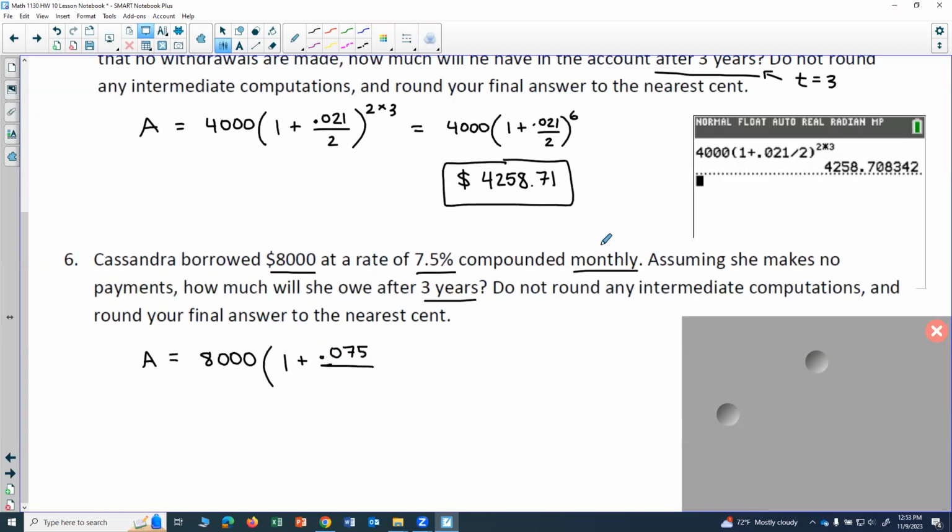N is the number of times per year. So if it's compounded monthly, that would give me N equals 12. So I'll put 0.075 over 12. And then in the exponent, I'll have 12 times T, so 12 times 3. And so in the calculator, I want to put that in as 8,000(1 plus the fraction 0.075 over 12 to the 36.